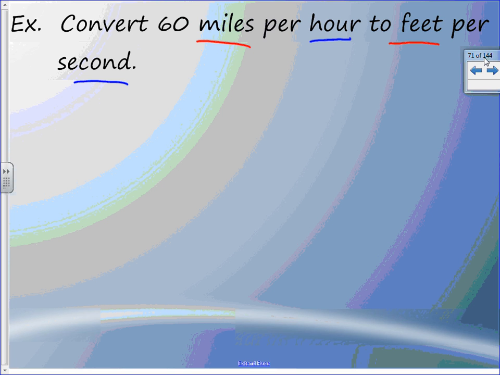So there are 5,000. Okay, so again, this you're going to want to maybe star or highlight so you can reference it later. There are 5,280 feet in 1 mile. That's a lot of feet. Now, we not only have to convert distance, but we have to convert time. So this is something that, given our knowledge of time, how many seconds in an hour?